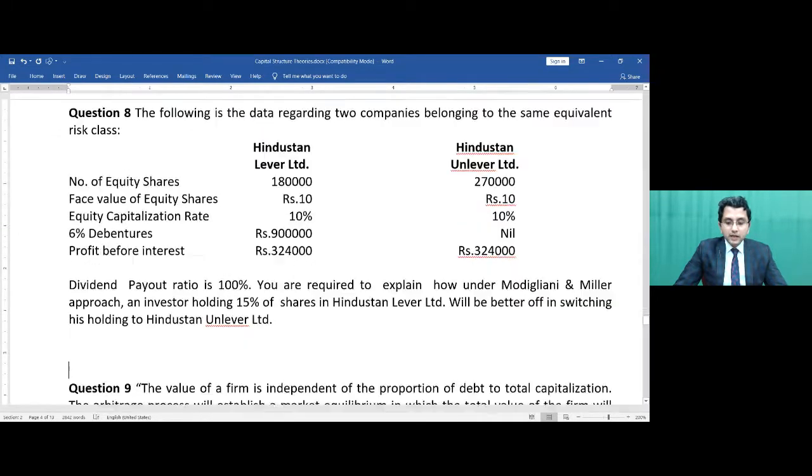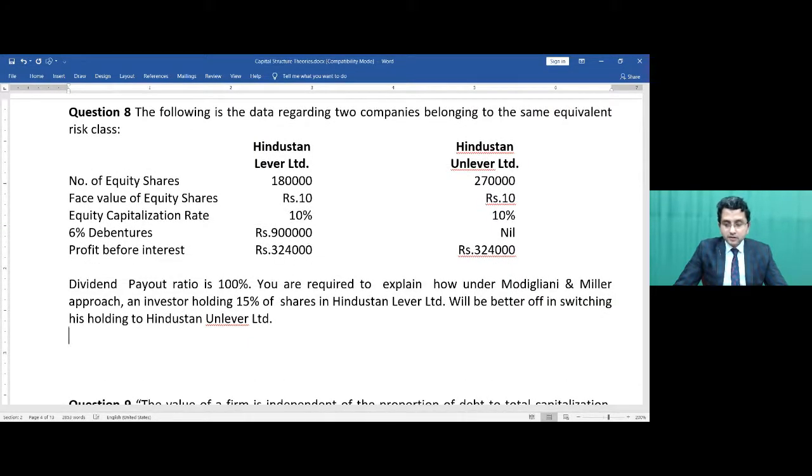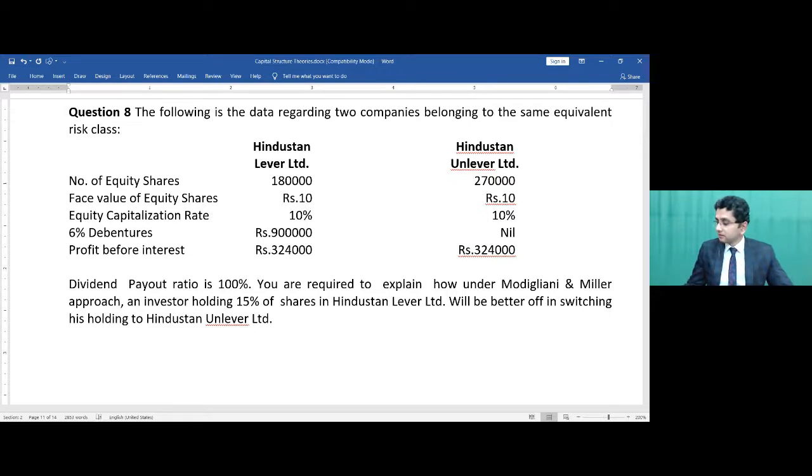Question number 8 is for your homework now. Homework means classwork. Sorry, not homework, it's the classwork. Solve question number 8 now.